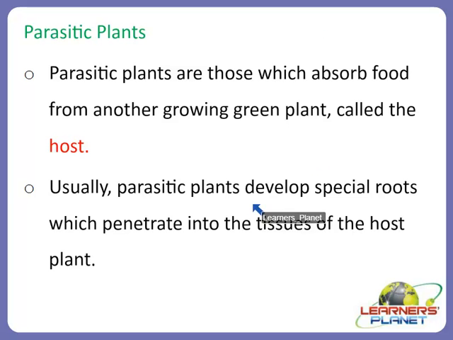Usually parasitic plants develop special roots, also called parasitic roots, which penetrate into the tissues of the host plant. And this type of modified root is termed haustoria. I'll write it down for you. It is termed haustoria.